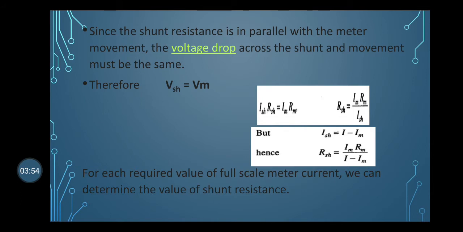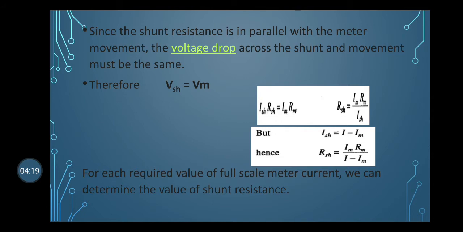As VSH is equal to VM, that is, the voltage drop across the shunt resistance is equal to the voltage drop across the meter. Now VSH is ISH into RSH, which will be equal to the voltage drop across the meter, that is IM into RM.